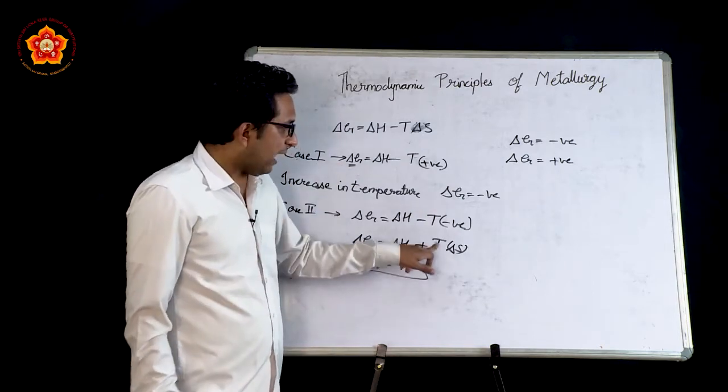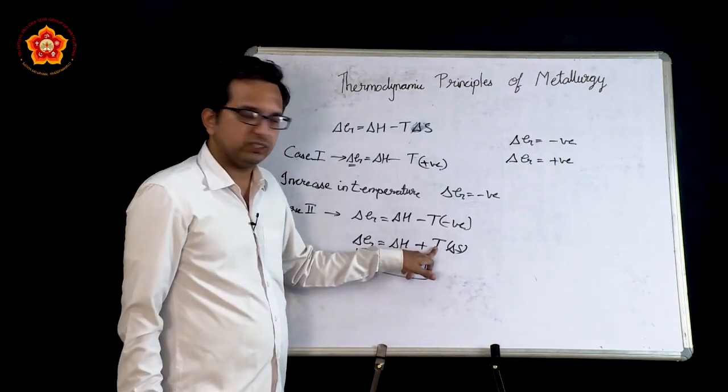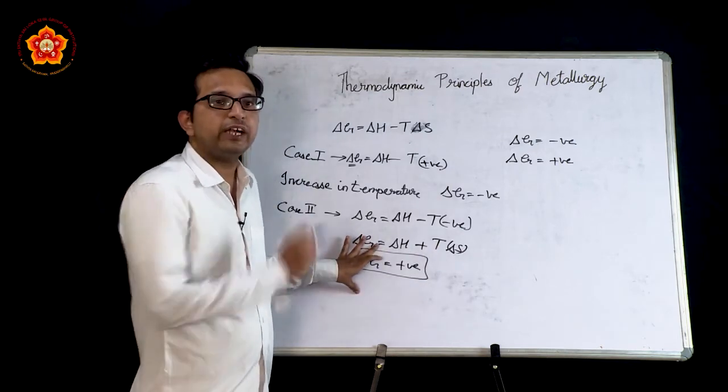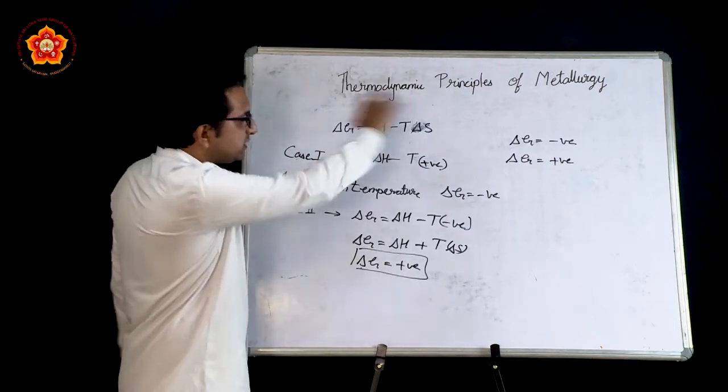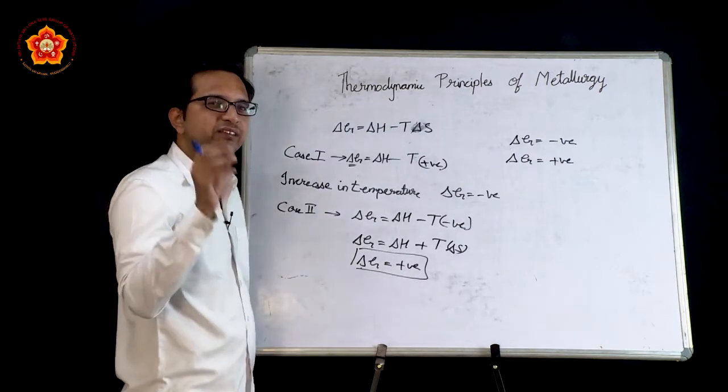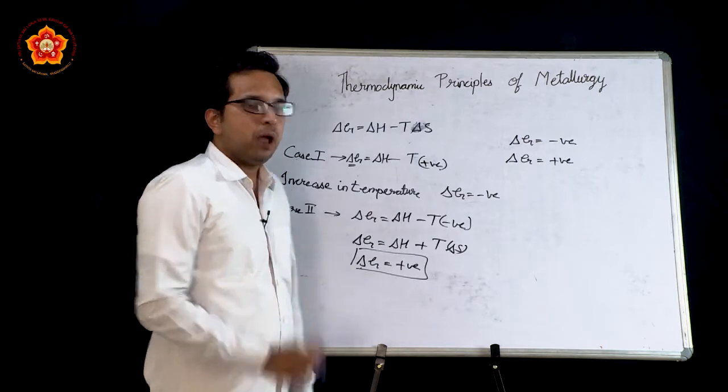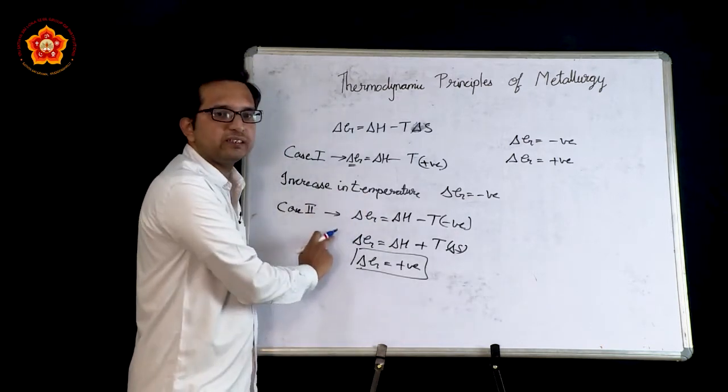And therefore, as temperature increases, these types of reactions tend to be non-spontaneous in nature. So this is one basic point which we had studied as a theoretical aspect in thermodynamics, but the application of that is seen here.